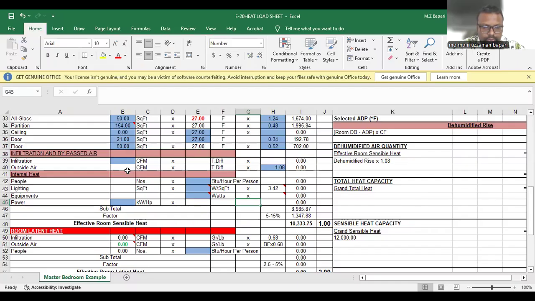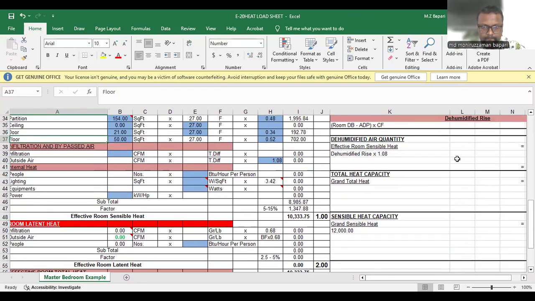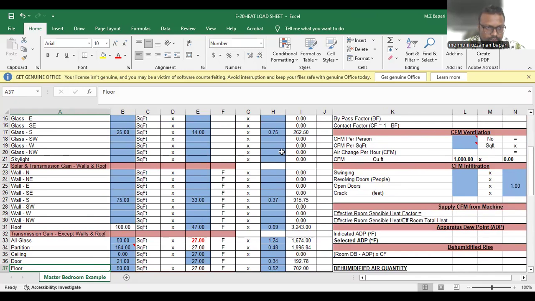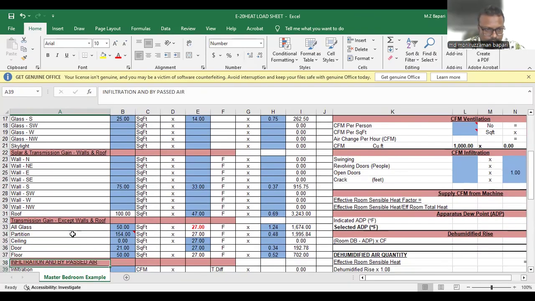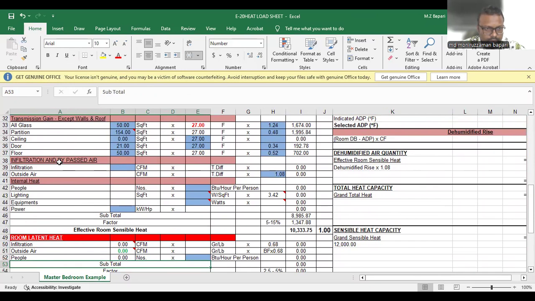Here is our E20 sheet. Until now, we have done the transmission gain except walls and roof. Infiltration has not been done yet.